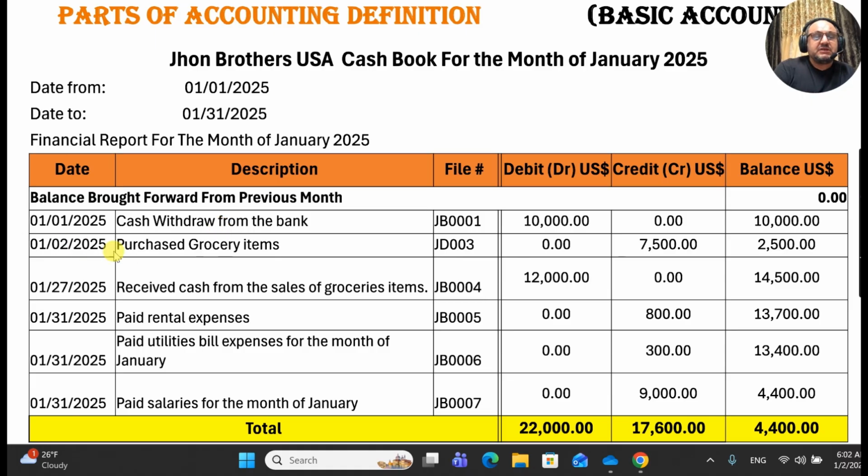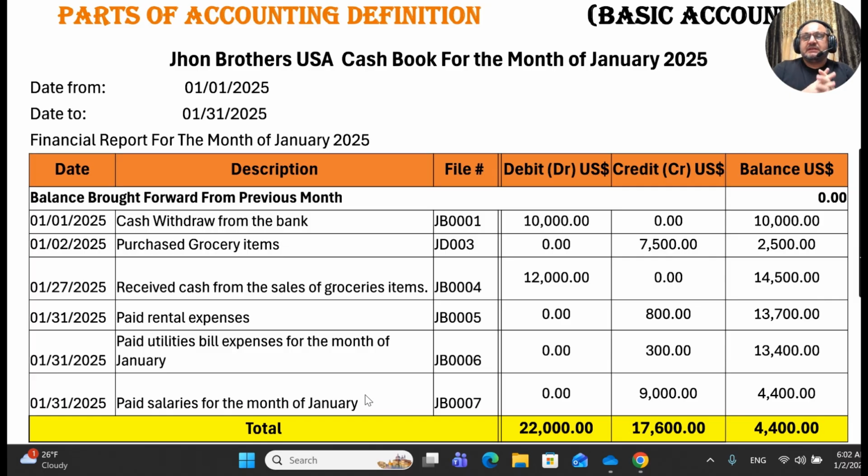The second one, purchase of grocery items. The third one is cash received from the sales of groceries. Fifth one, paid rental expenses. Sixth one, paid utility bills for the month of January, and the last one, paid salaries for the month of January. This is called description.